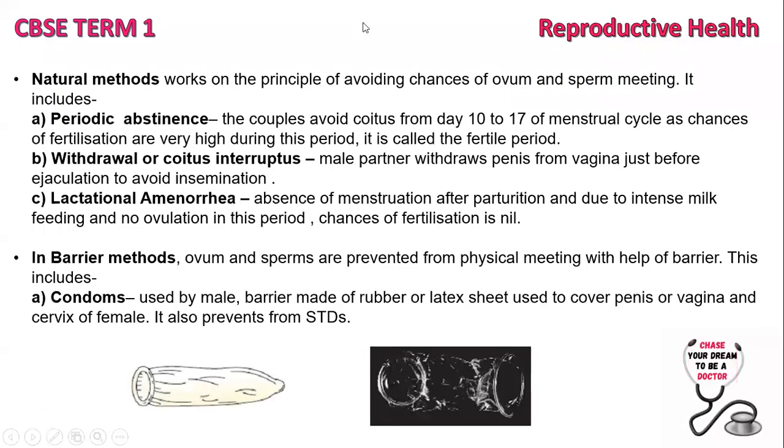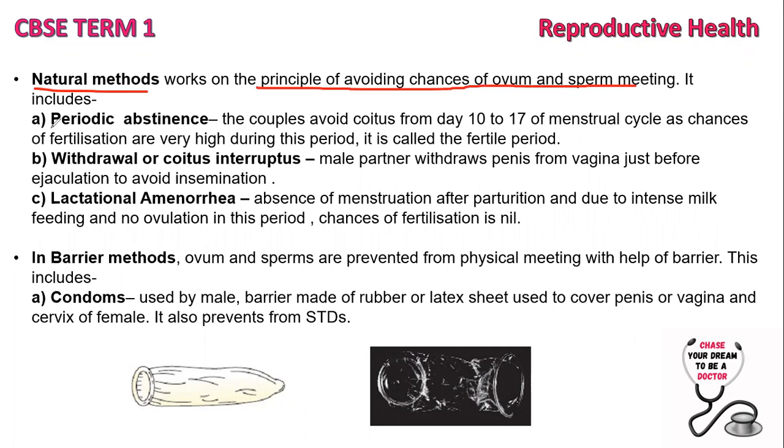Yes. Now let's discuss one by one in a very detailed way what are the different methods included and what each of the methods helps to do. Okay, so let's start one by one right now. What are natural methods or traditional methods? Natural or traditional methods work on the principle of avoiding chances of ovum and sperm meeting.